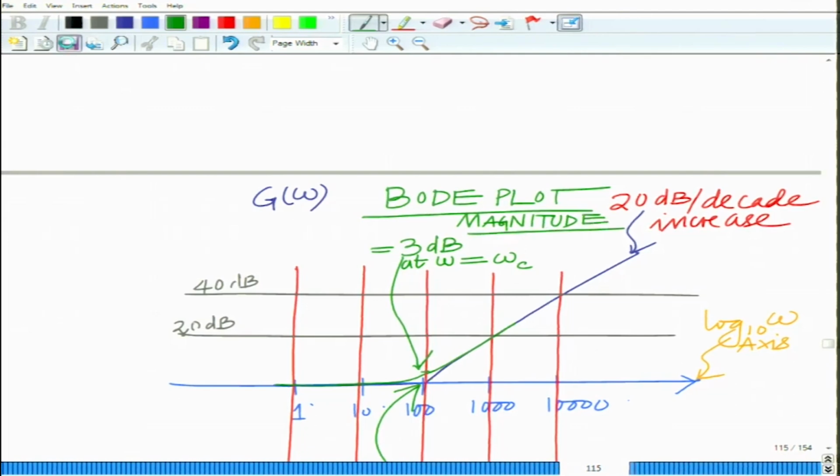So, this is basically the Bode plot representation, in which omega is represented on the log axis and the gain, the magnitude of H omega squared, is represented on the dB scale on the y axis. Okay, and you can see that after the corner frequency, for every such term you have a 20 dB per decade increase. Let us now look at the phase plot, which is also interesting.